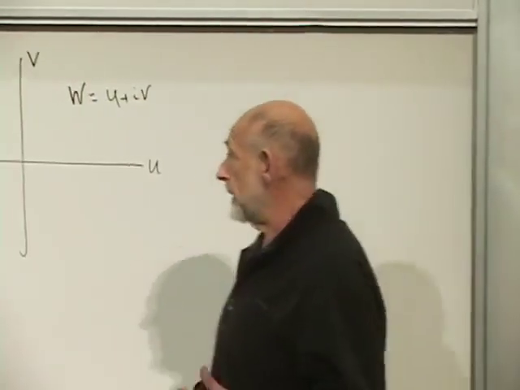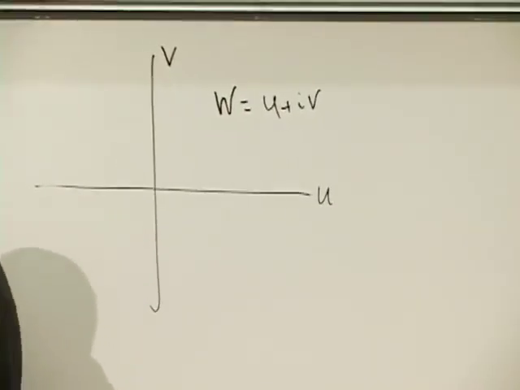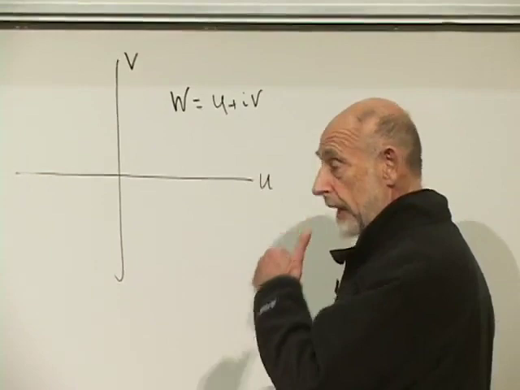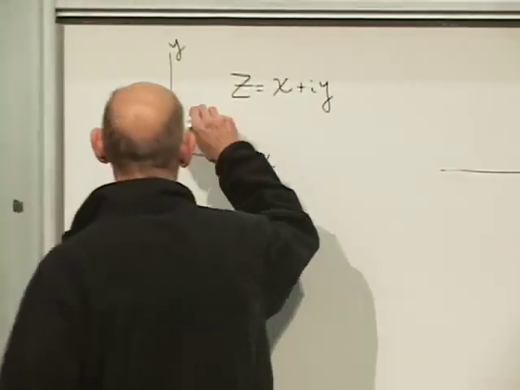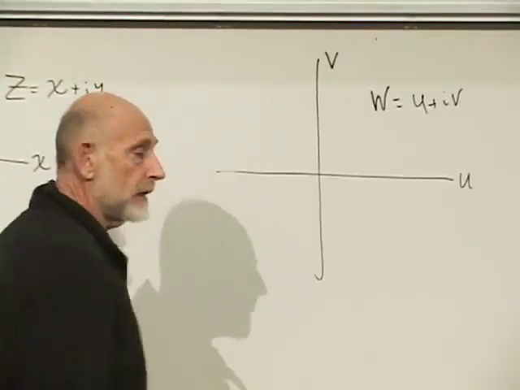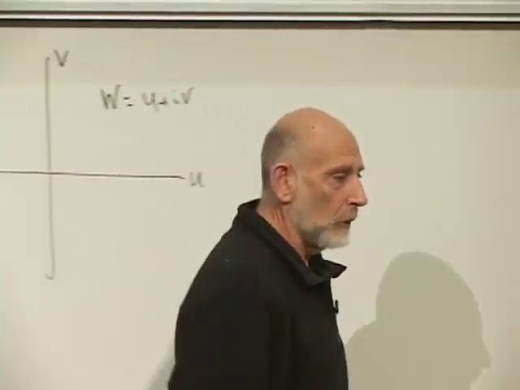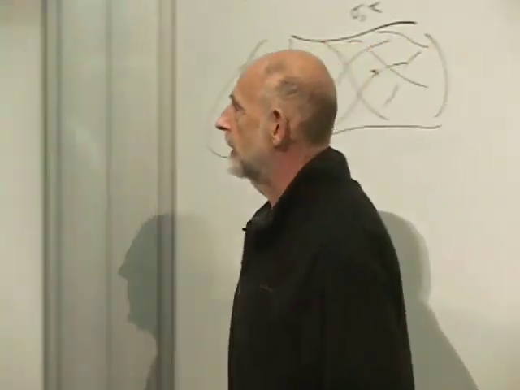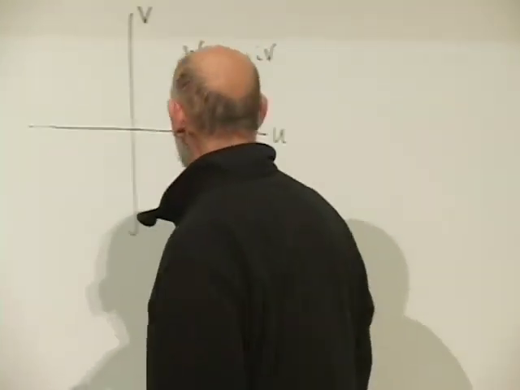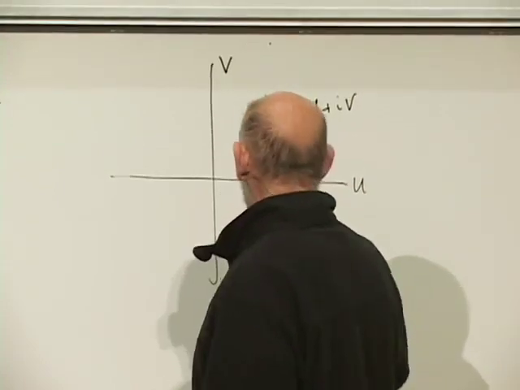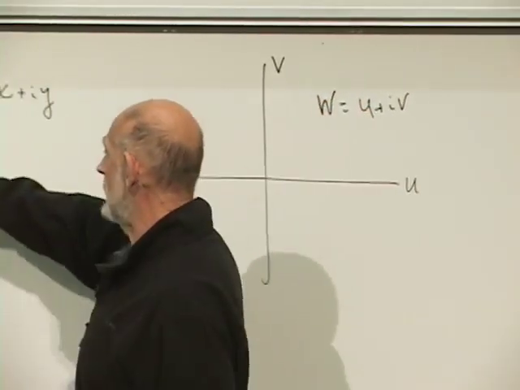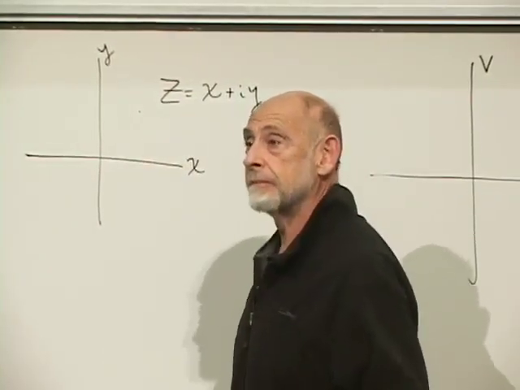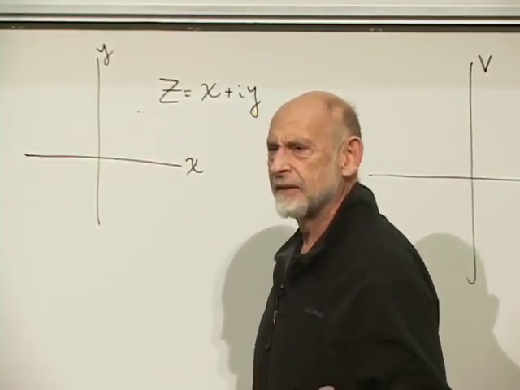And a mapping from the z-plane to the w-plane is just a rule: given any point x and y, assign to it a unique point, and let's assume the mappings are 1-to-1. In other words, for every point on the z-plane there is a unique point on the w-plane, and likewise for each point in the w-plane there is a unique point in the z-plane.